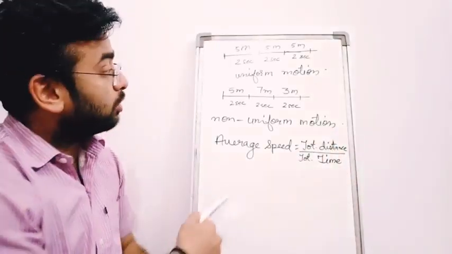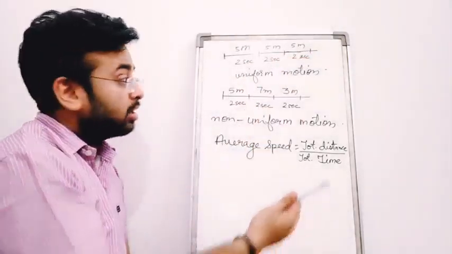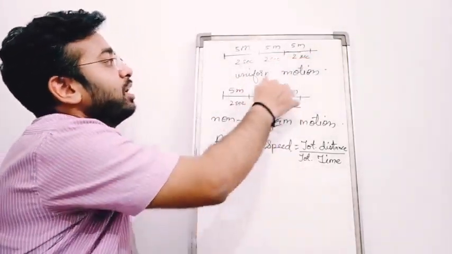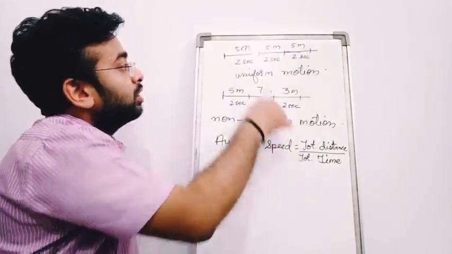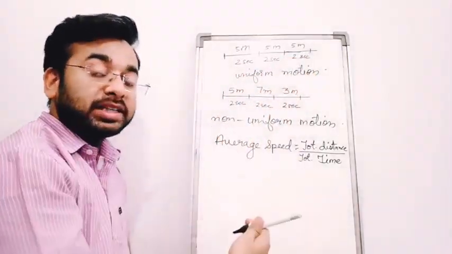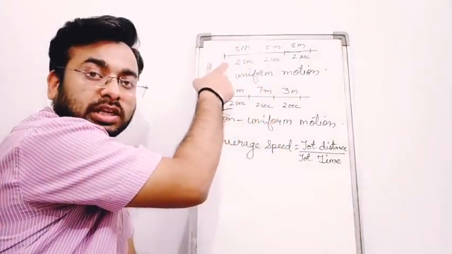You just add up all the distance covered throughout the journey and divide it by the total time taken. So for the first case it will be 15 meters over 6 seconds. So 15 by 6 meters per second will be the answer for the average speed of this case.